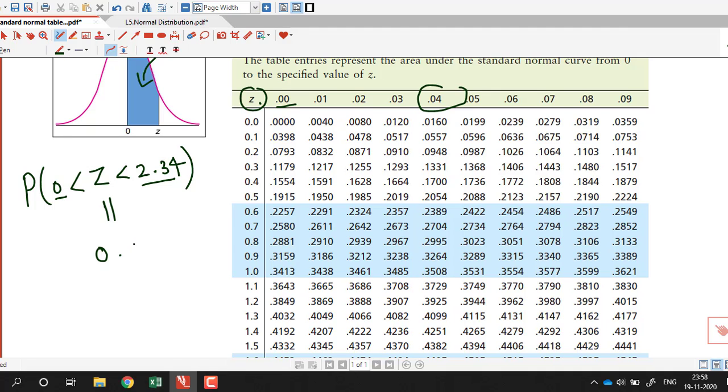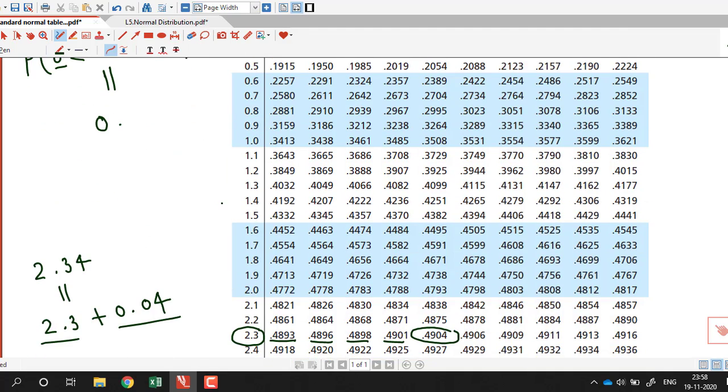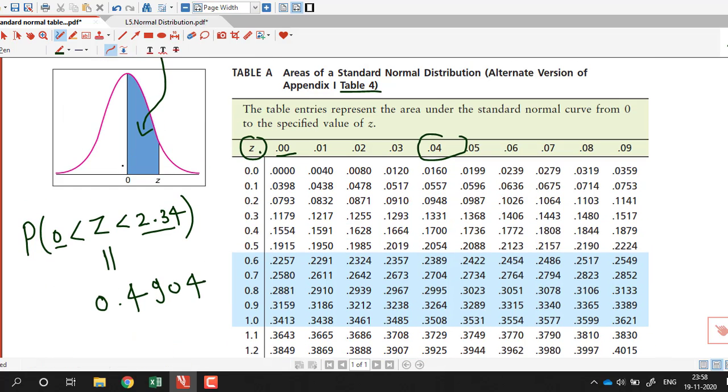So in this way we can use this standard table. This value is 0.4904. So 0.4904 is the area under the standard normal curve between z equal to 0 and z equal to 2.34.